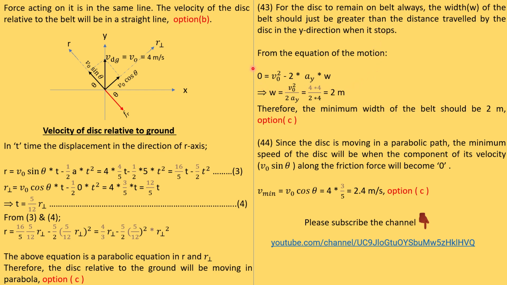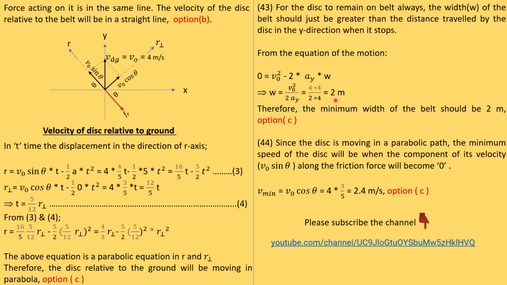So we can write this equation conveniently. The final velocity in that direction, perpendicular to the belt, when we are observing it from the ground, will be 0. The initial velocity was v naught, so we can write v naught square minus 2 into ay into the width of the belt. Ay we have already calculated earlier, so we can put that value and evaluate for w.